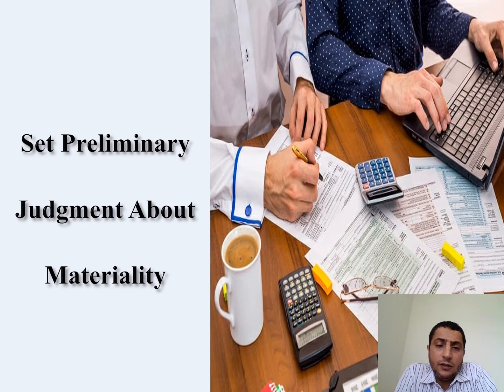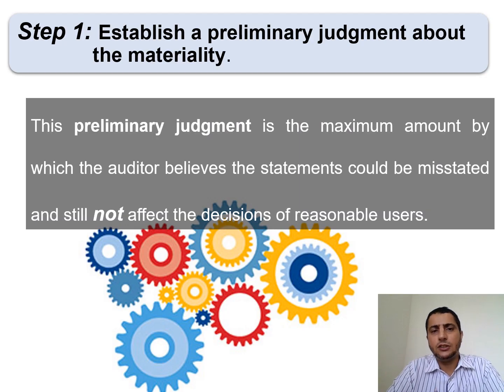Okay, so let's go one by one and discuss the first step, which is to set up the preliminary judgment about the materiality. So step 1 is to establish the preliminary judgment about the materiality. First, let's define what the preliminary judgment is.